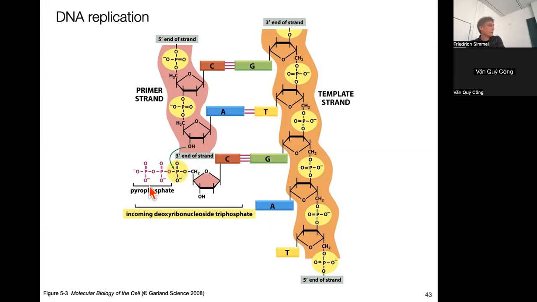The pyrophosphate is split off in that process, and you have an additional base pair, and the complementary base on the other strand tells you which base to incorporate. We will talk about this process in detail later.